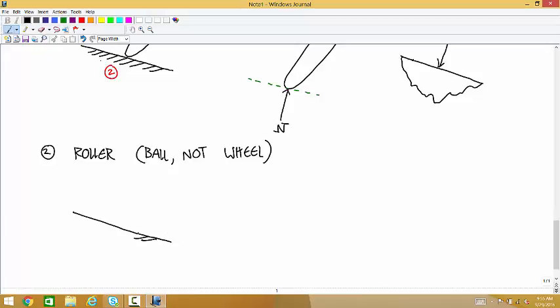So I'll draw it sort of the same way, but the contact is on a ball. And I'll call this body 1 and this body 2. So, free body diagram of body 1.